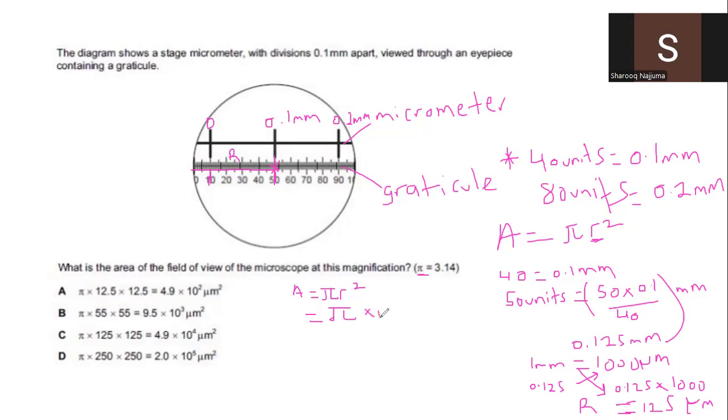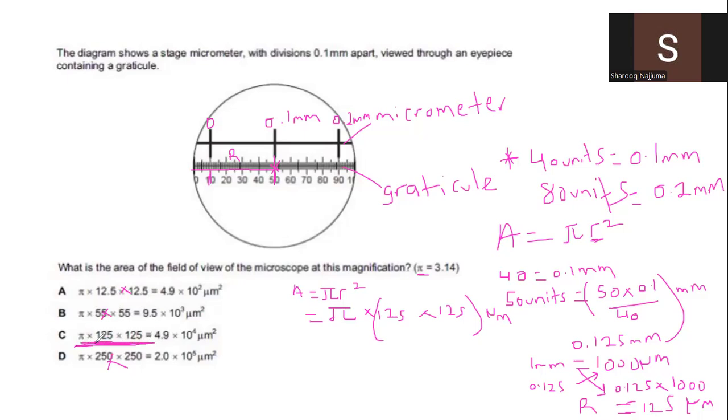Our r is 125 times 125, but all these are in micrometers. So if you look at all these, this won't be a possible answer because they're having 12.5. This won't work. You can see now, according to this option, this is the best.